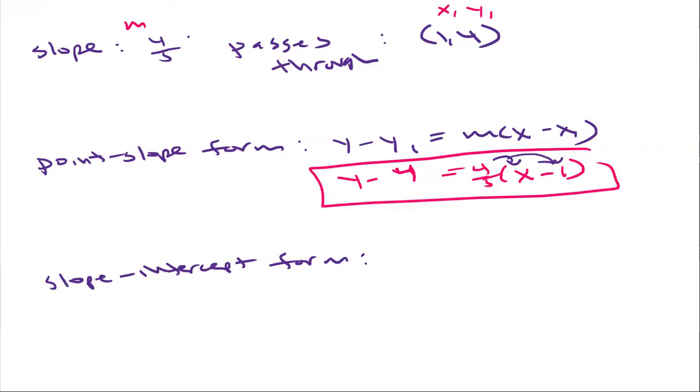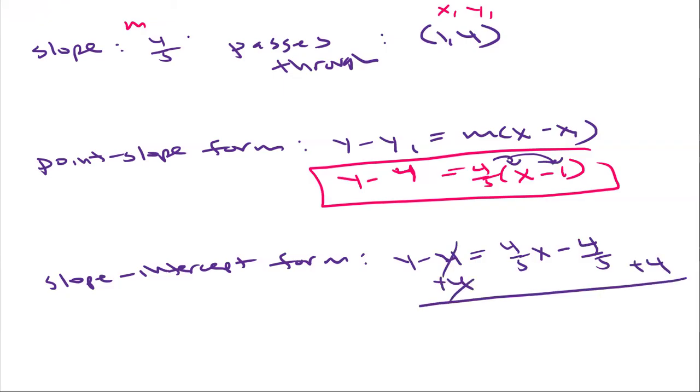So in this case, we'll have y minus 4 equals 4/5 x minus 4/5, okay? Then I'm going to add 4 on both sides. So we get y is equal to 4/5 x, and then negative 4/5 plus 4. Well, I need to multiply this by 5/5, right?